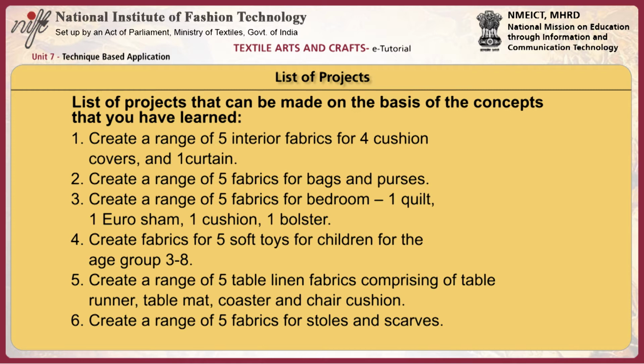Create a range of 5 fabrics for bags and purses. Create a range of 5 fabrics for bedroom, including quilts, Eurosham, cushions and bolster. Create fabrics for 5 soft toys for children from the age group of 3 to 8.